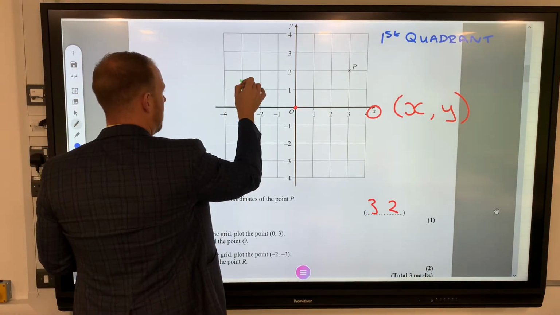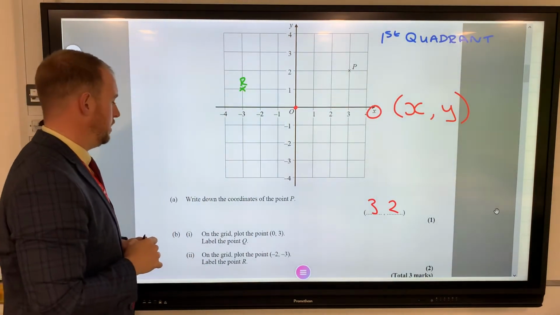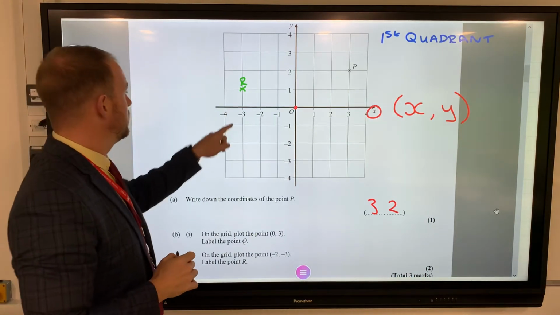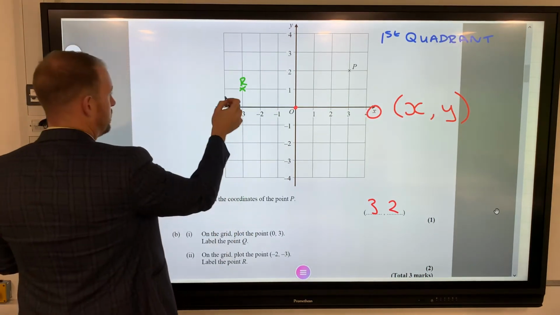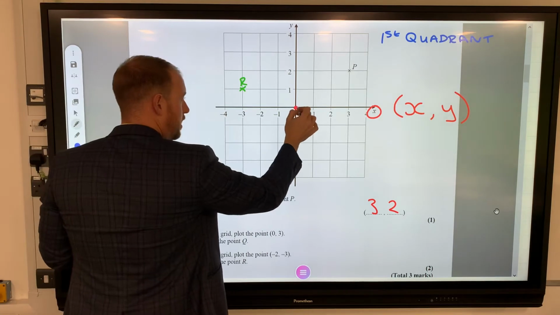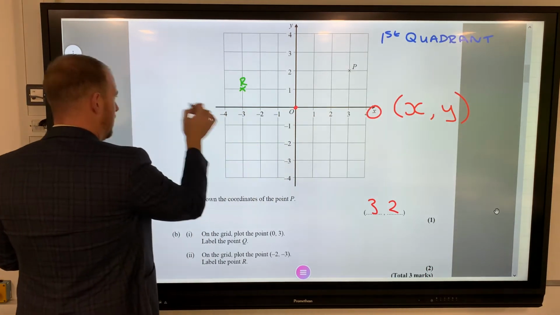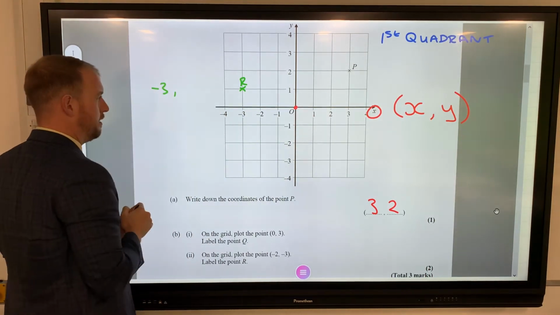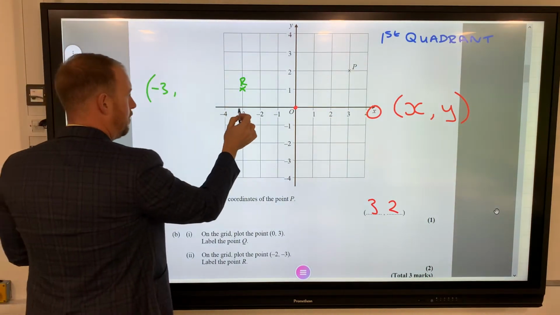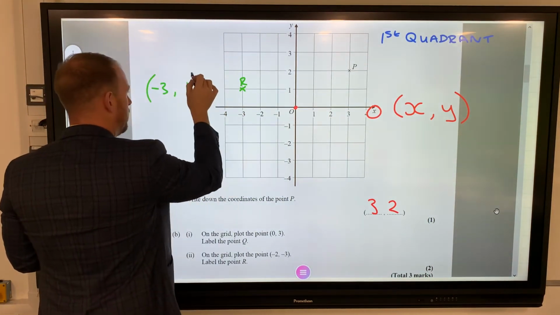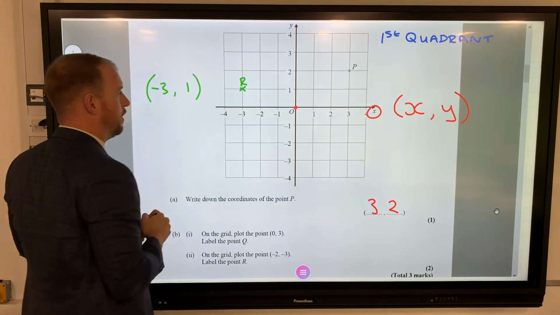So using this to help us now, if I put the letter R here, okay, so I'm going to use the letter R. So here, this coordinate here, start in the middle. This time, our x value would be -3. And then our y value would be 1. Remember, it's +1.